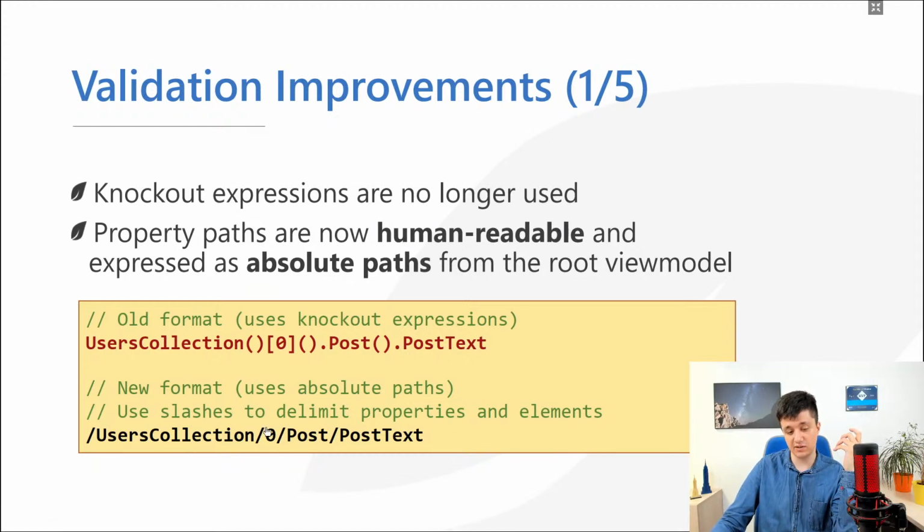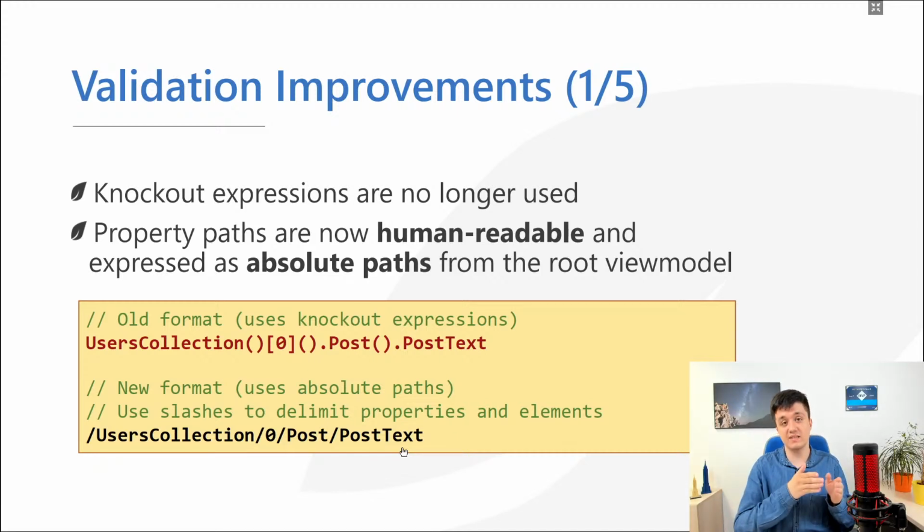So that's why there is this 0, because there is an issue with the first user inside of the collection. And in that object, there must be a property called post, and it must have a child property called post text, and this is something that we are attaching the error to.